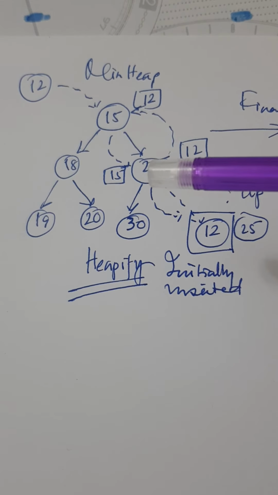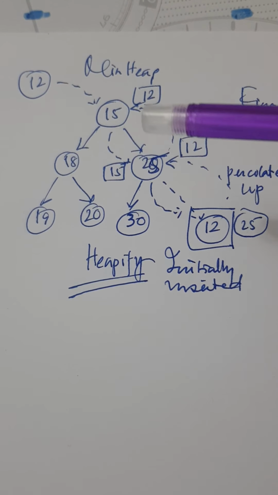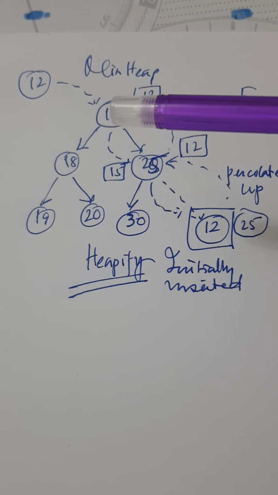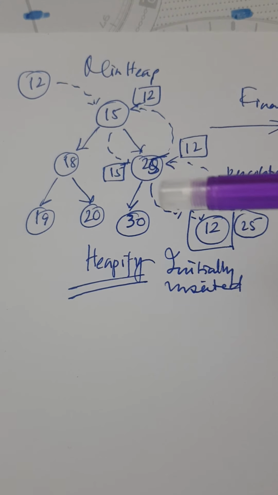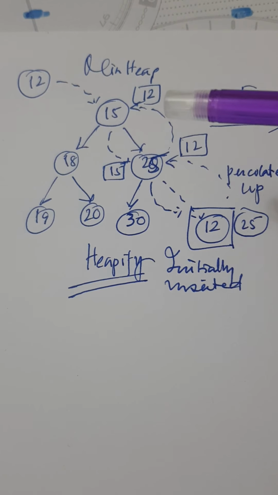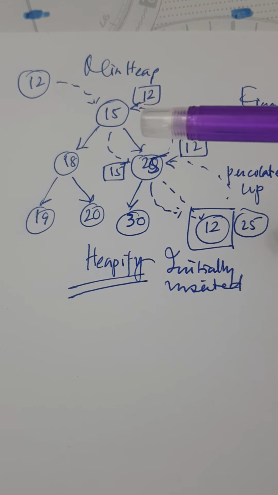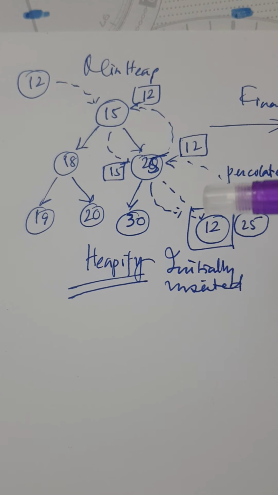Then 12 is here again. 12 is actually less than 15, so percolate up again. So 12 comes at the place of 15 and 15 comes down at the place of 25. So how many percolations did I do? One to go past 25, another to go past 15. Two percolations. This entire process we call heapify.